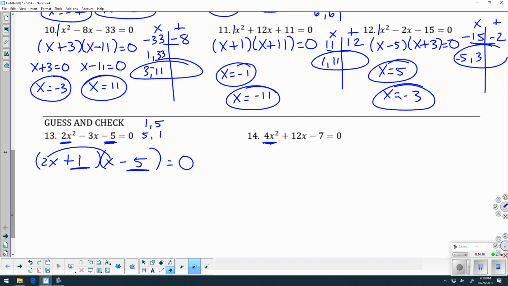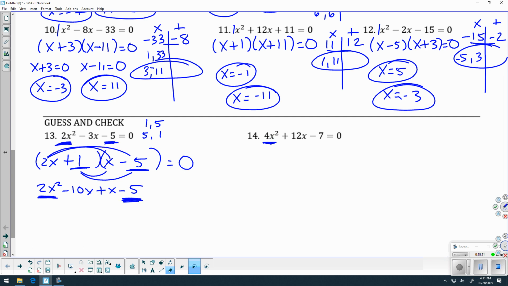How you check it once again is by FOILing these two back together. If I re-multiply these, 2x and x, that's obviously going to be the 2x squared like I want. 2x times negative 5, that's negative 10x. 1 times x is positive 1x. 1 times negative 5 is negative 5. So let's check it out. 2x squared, 2x squared.